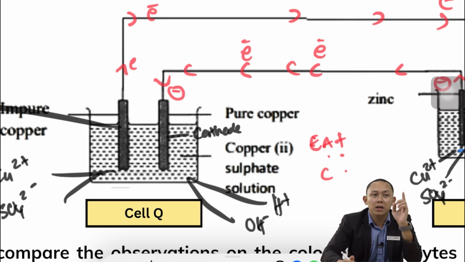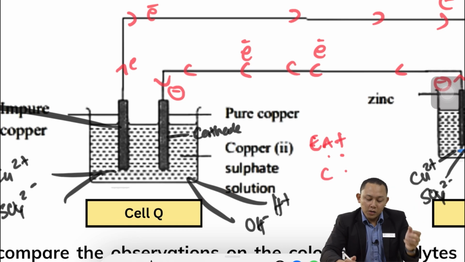Remember, the reason the ions move toward the electrode is that they want to be discharged. What is discharged? It means removing the charges.